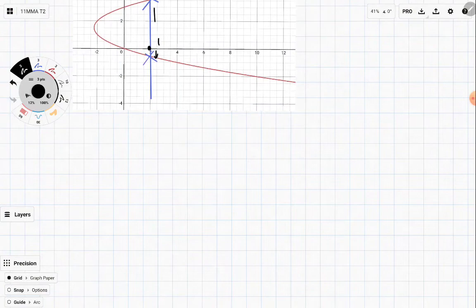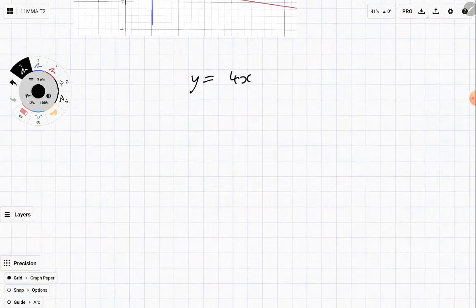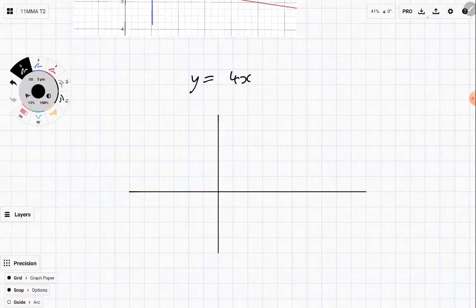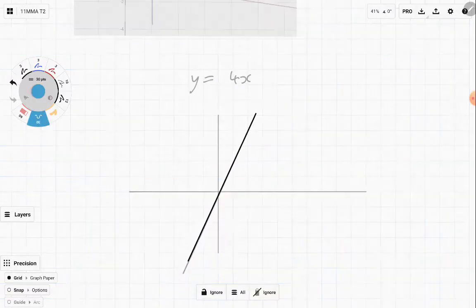What about a more straightforward one? Let's do something like y is equal to 4x. Okay, well, I can sketch that. I don't need Desmos for this. Okay, so y equals 4x is going to look something like that, right? And the question is what's this relationship?